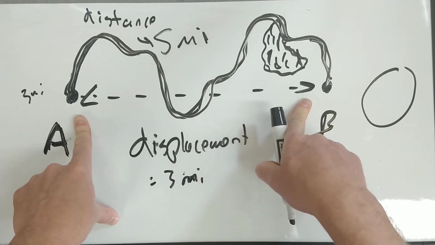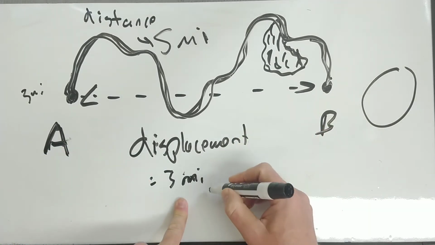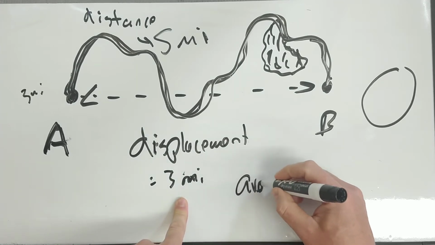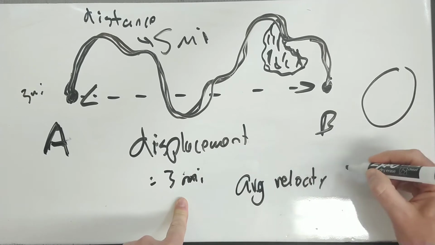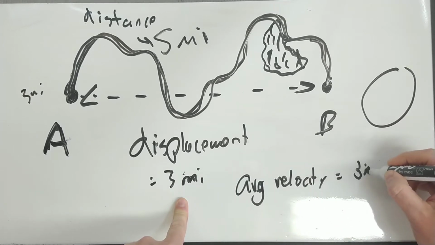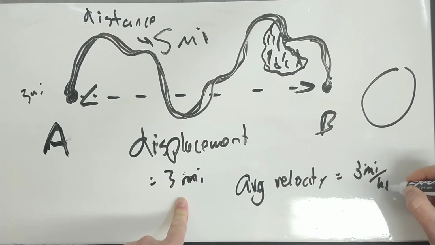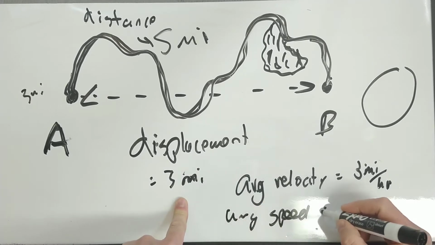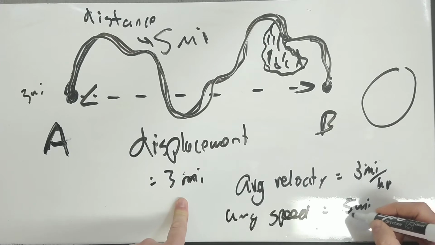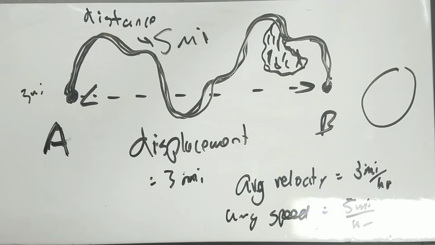Let's say it was an hour. So the magnitude of our average velocity was about 3 miles per hour. Our average speed was more like 5 miles per hour, which must have taken more than an hour. 5 miles per hour is like jogging probably.